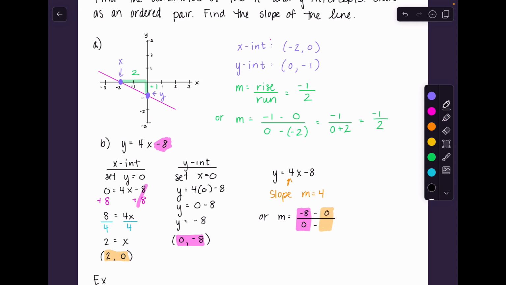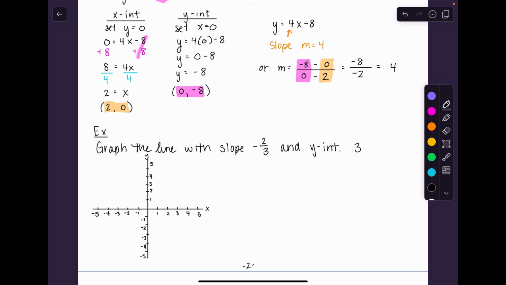So the y-coordinate is 0, the x-coordinate is 2. In the top, negative 8 minus 0 is negative 8. In the bottom, 0 minus 2 is negative 2. And if you do negative 8 divided by negative 2, it is indeed positive 4. So you still get exactly the same answer doing it any of these ways.